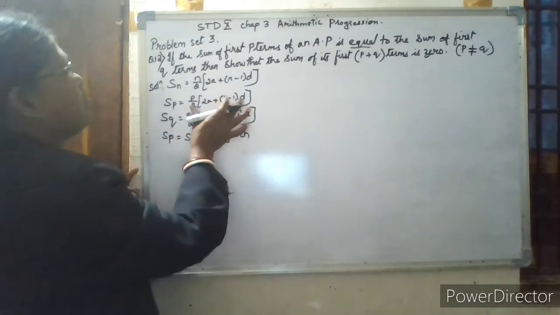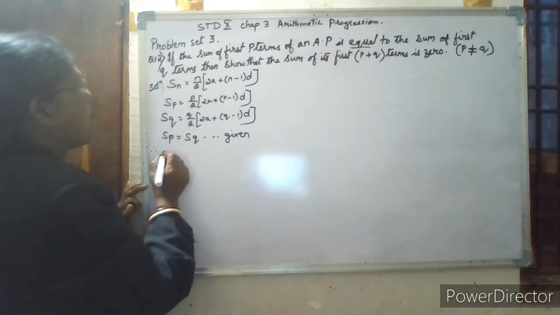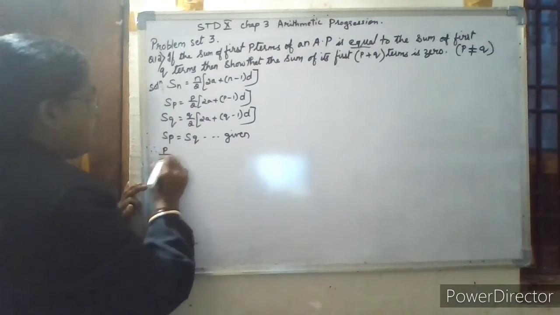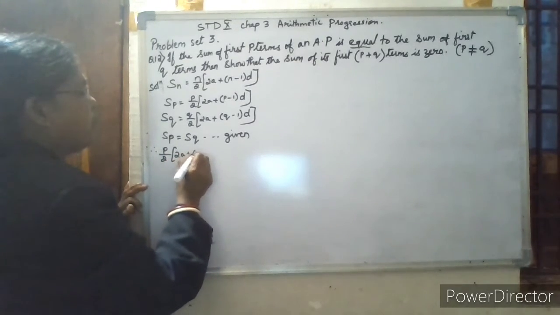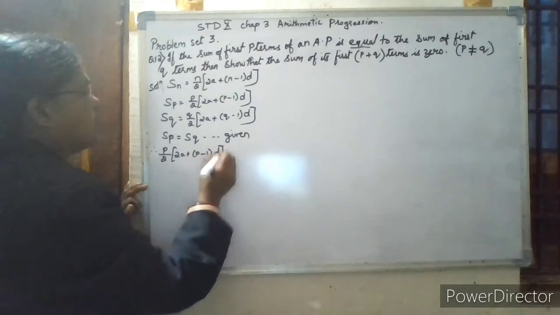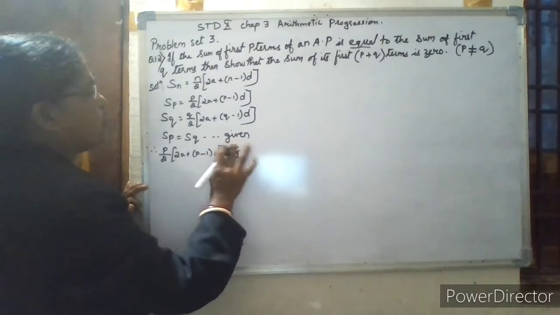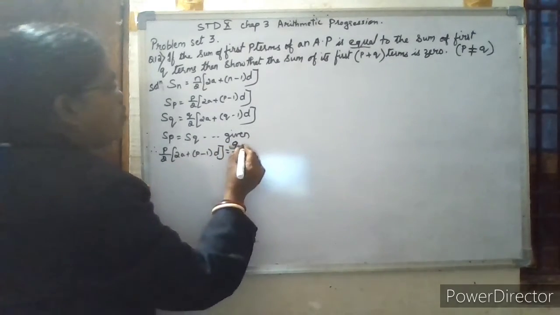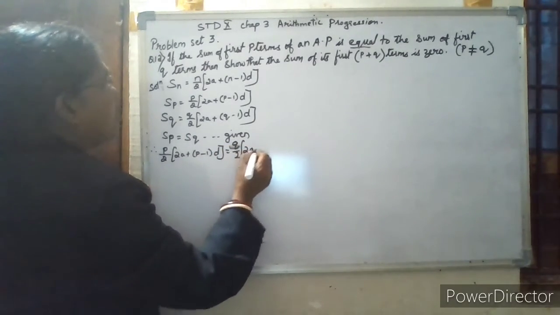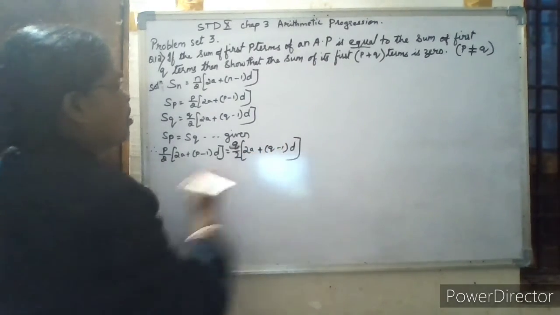That means this part is equal to this. So we can write p by 2 into 2a plus p minus 1 into d is equal to q by 2 into 2a plus q minus 1 into d.